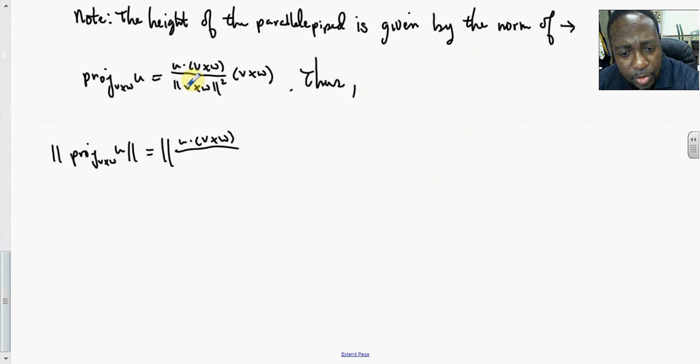Now, this norm downstairs squared is a number. So the number within a magnitude is just extracted as the absolute value.